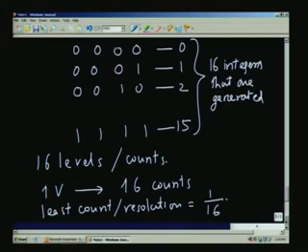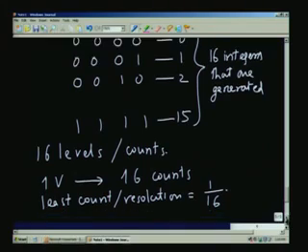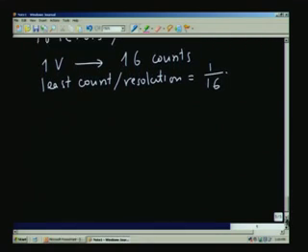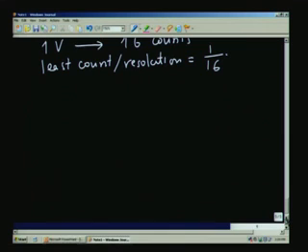But we need not stop at 1 over 16 steps. In other words, 4 bits are not necessarily the only option. You can think of a larger number of steps. For example, suppose I have a 10-bit ADC.